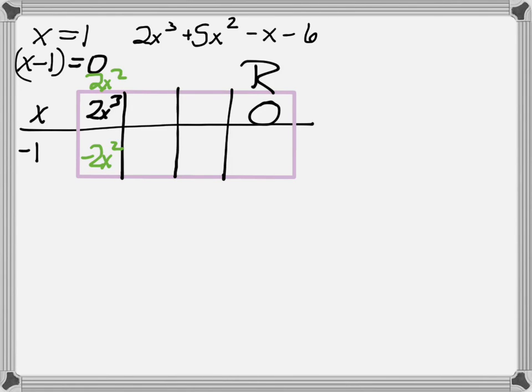Now I'm taking that and trying to create a positive 5x squared. So negative 2x squared plus what is 5x squared? 7x squared. I take that and divide it by x, and that gives me what? 7. Times a negative 1 gives me a negative 7.